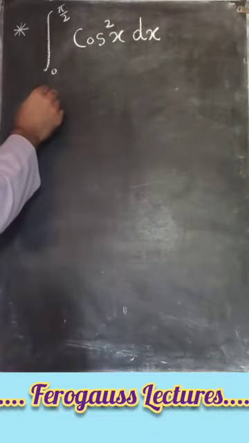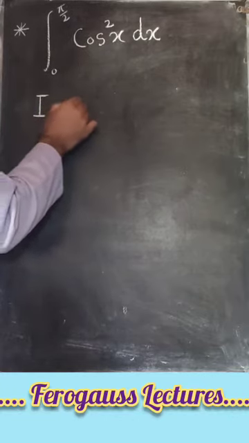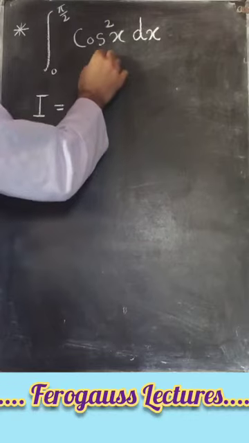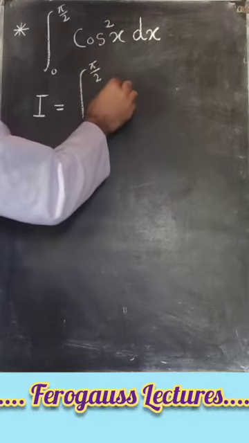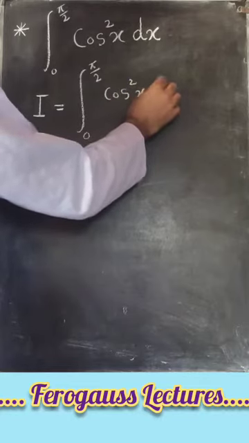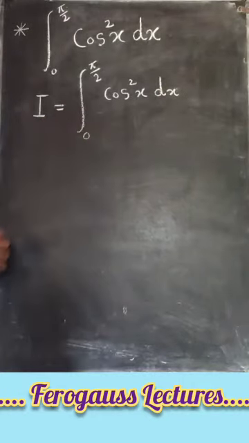Now we put this integral equal to I. Let I is equal to integral 0 to pi by 2 cos square x dx. Now we have to find I.